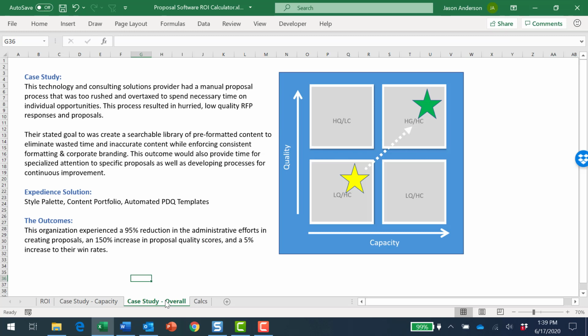So again, this is the storyline that I like to share with organizations when they think in terms of how to best prepare a business case and talk through with leadership why it might be time, why it might be worthy of our investment in this area of proposal automation.